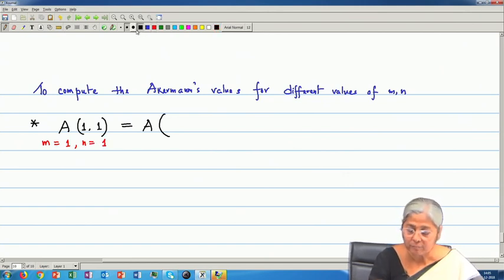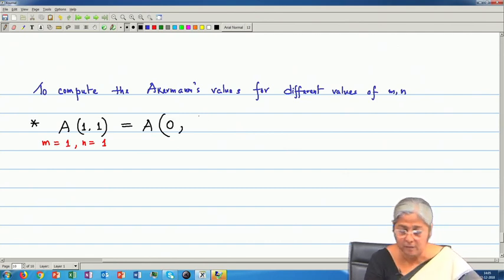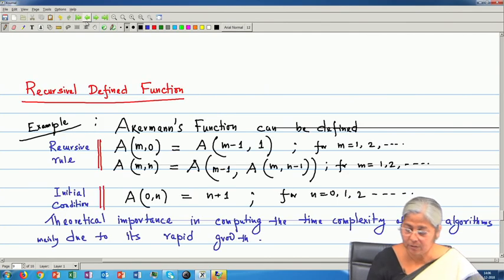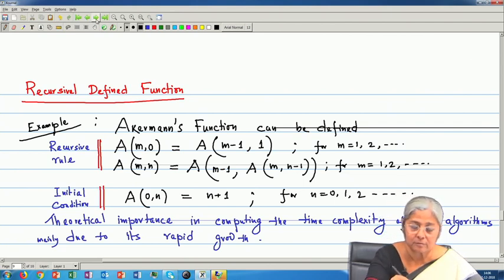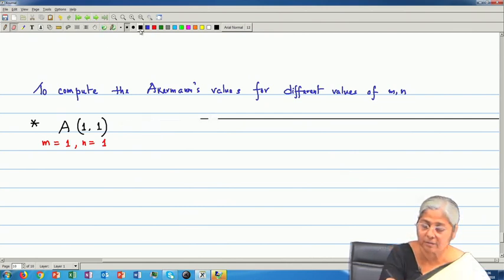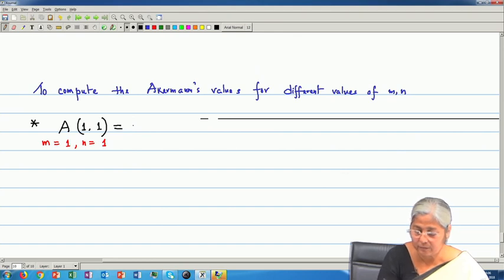If I apply m minus 1, this becomes 0, and A(m minus 1, A(m, n minus 1)). So in the next step we write A(0, A(1, 0)).